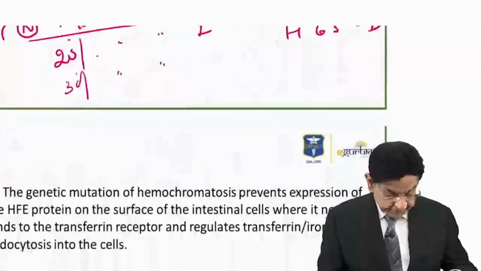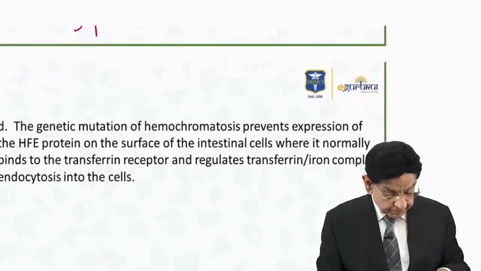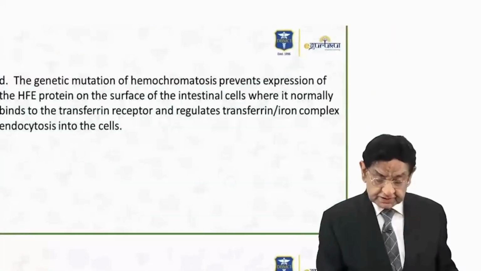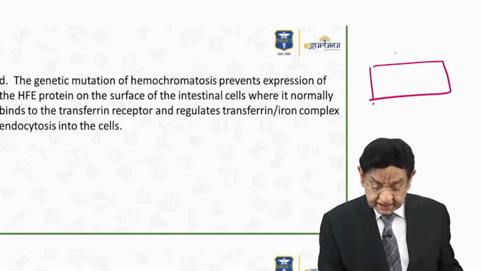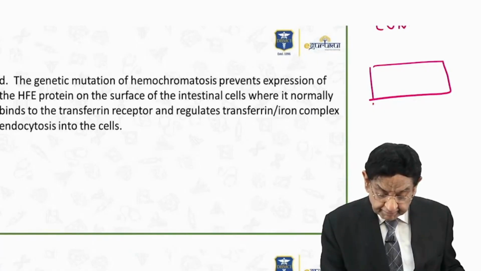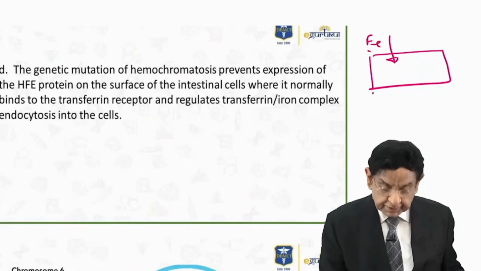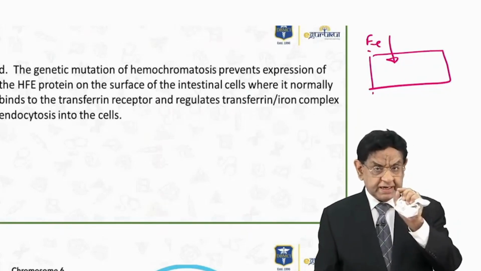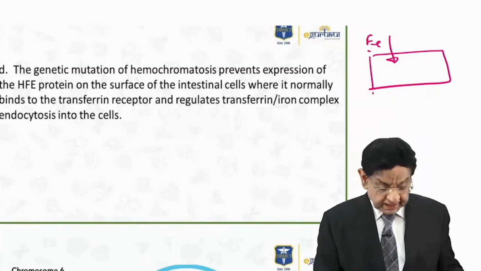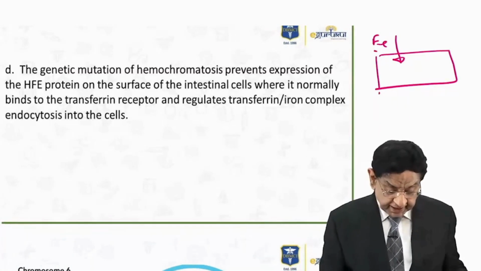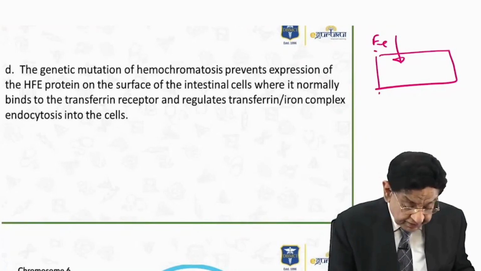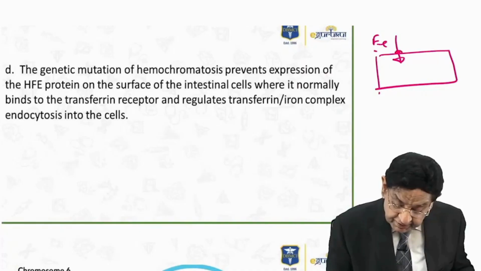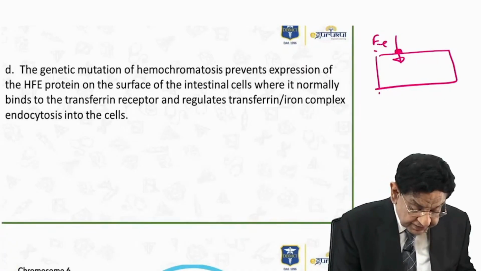Now what happened? So this is the intestinal cell, and here this is the lumen of the intestine. Iron gets absorbed, and at the border of the cell we have a transferrin receptor.